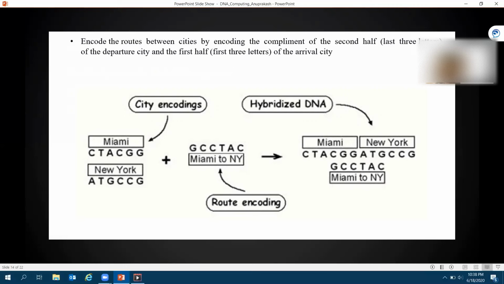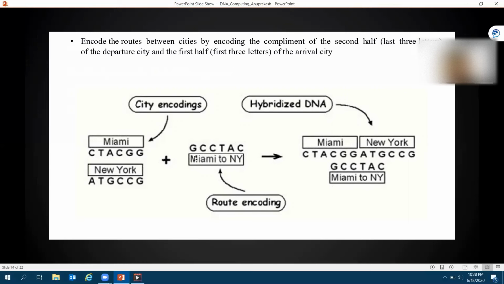Now it says that for the departure city, the last three letters we will complement. So for CGG, the complement would be GCC, and for the arrival city, we will complement the first three letters. So for New York, the first three letters are ATG, and their complement would be TAC. So in here, this is Miami to New York.